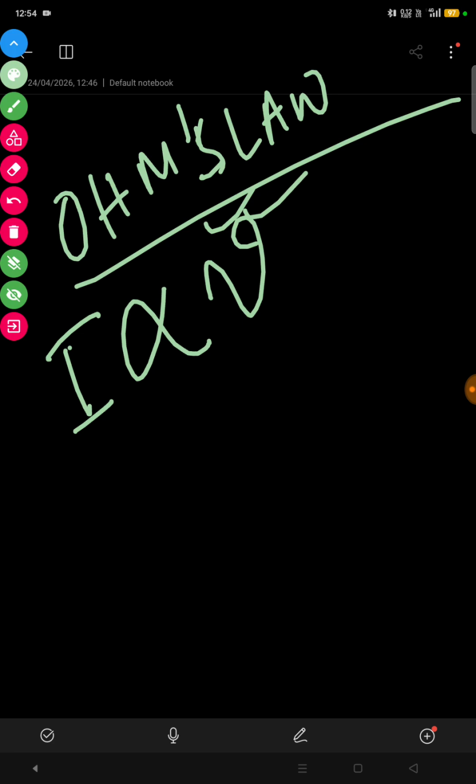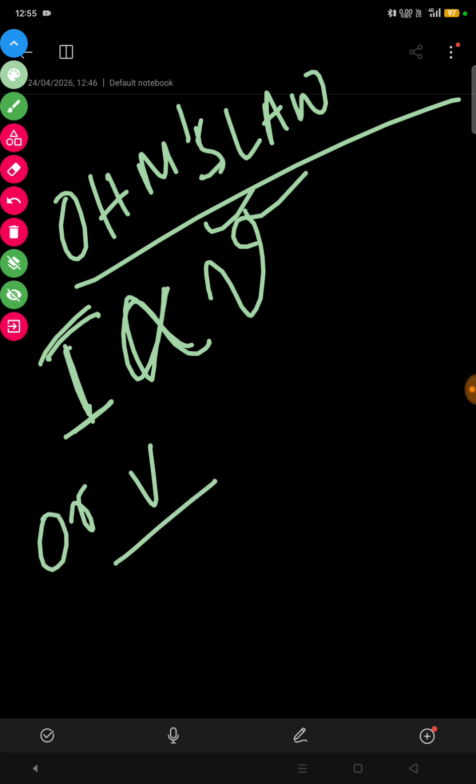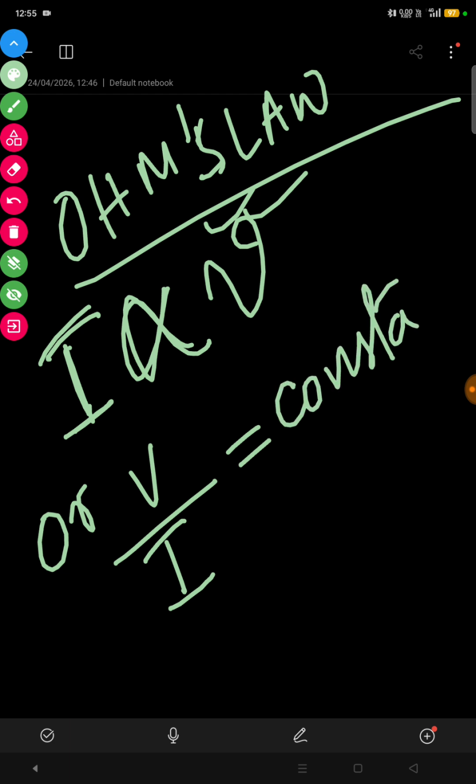So if a current I flows in a conductor when the potential difference across its ends is V, then according to Ohm's law, I is proportional to V, or we can write that V by I is equal to a constant. By removing the proportionality sign, we get V by I is equal to a constant.